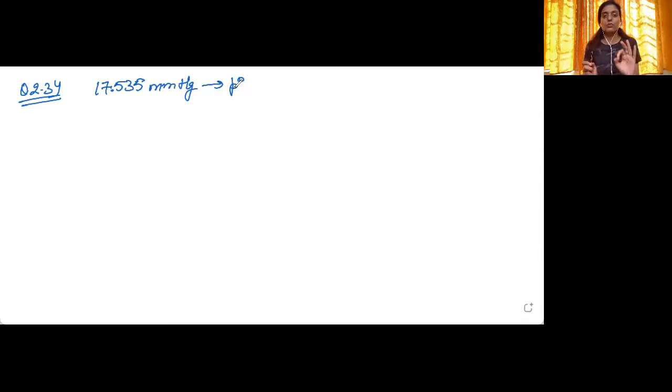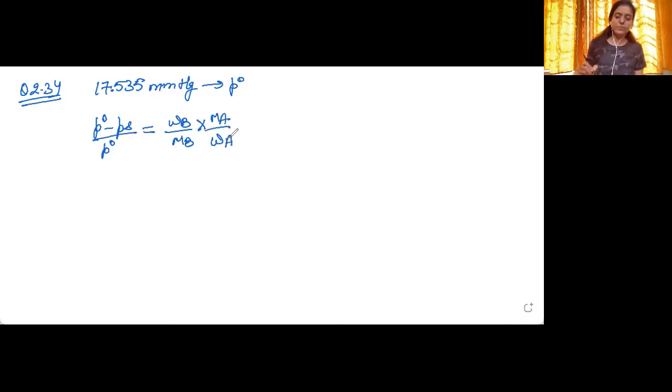Now you can use the formula for relative lowering in vapor pressure. So relative lowering in vapor pressure is P0 minus PS upon P0 equal to WB upon MB multiplied by MA upon WA. Okay, the value for P0 we have: 17.535 minus PS upon 17.535 equal to WB is 25.